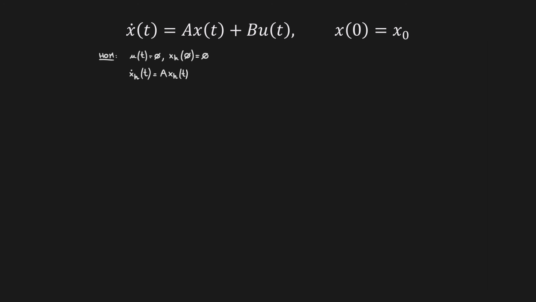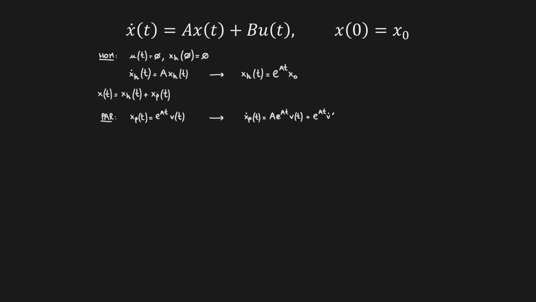The system is linear, and the general solution is the sum of the homogeneous solution and a particular solution due to the input. We now use Lagrange's method of constant variation, from which the formula takes the name, and we find the particular solution. v is an unknown vector function to be determined.